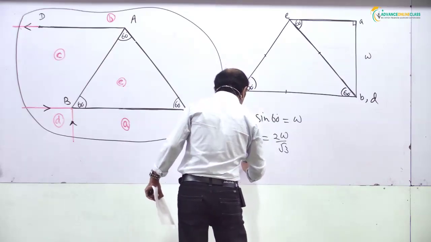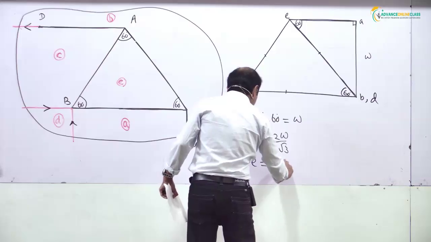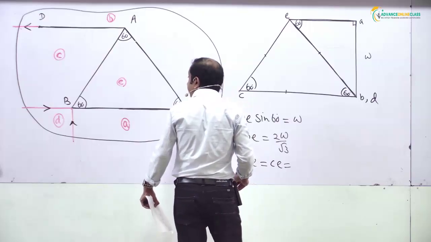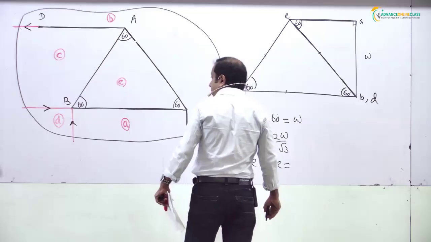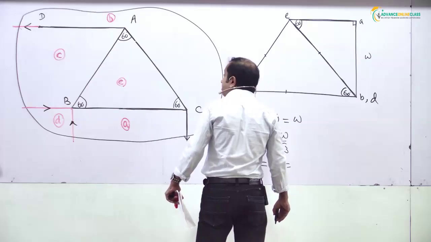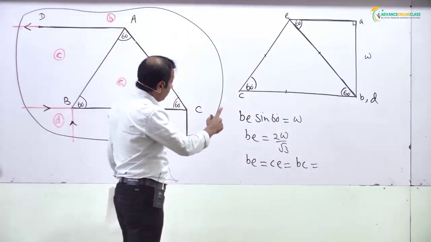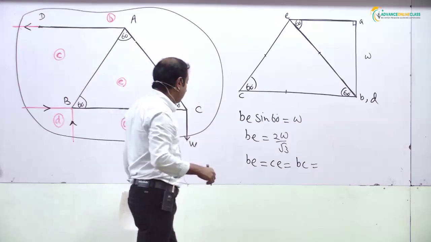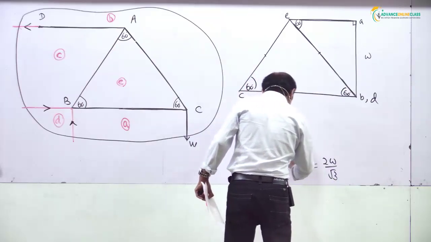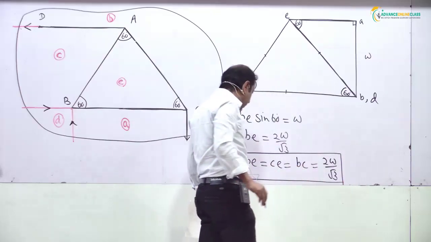Therefore, we can write BE equals CE equals CD and BC, equal to W over root 3. Okay, fine.